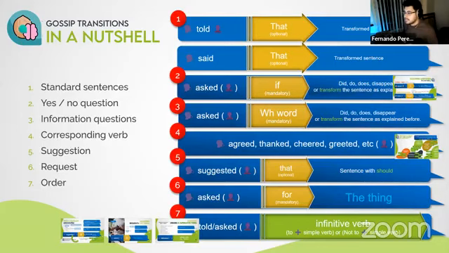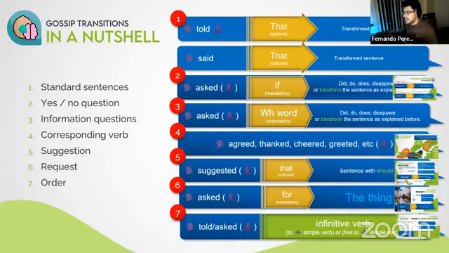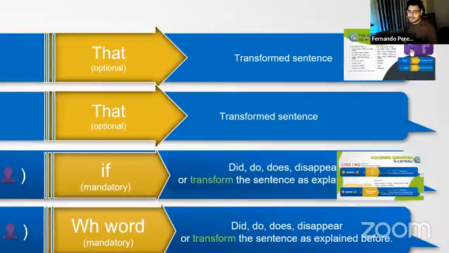Which is suggestion over here. The person suggested that, using should. Structure number 6 is about petitions, requests for things, and structure number 7 is about orders. Each of them corresponds to one structure. Each of them corresponds to one theory.